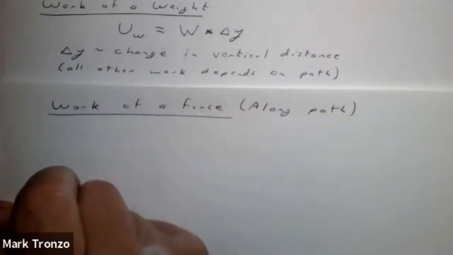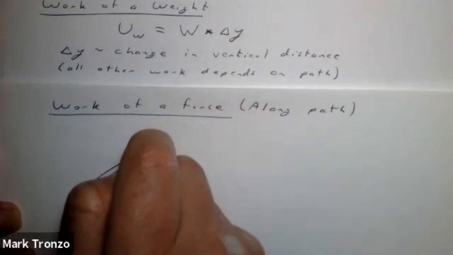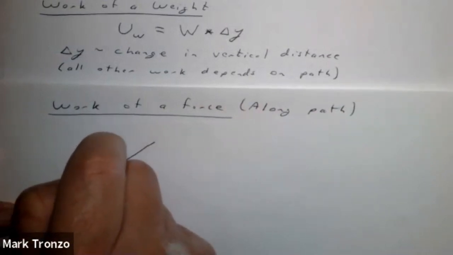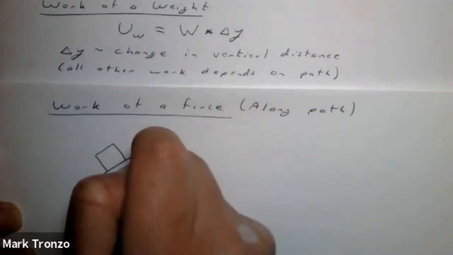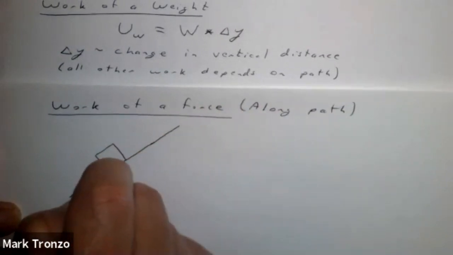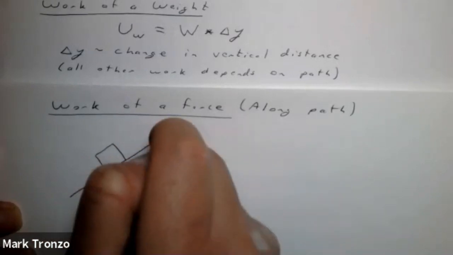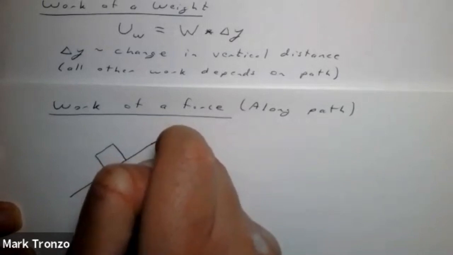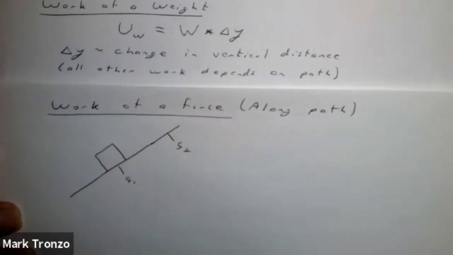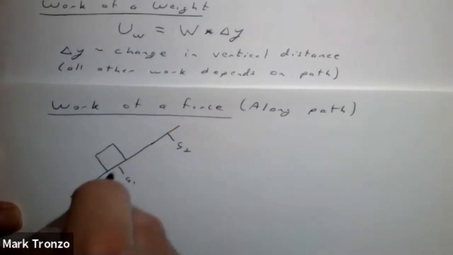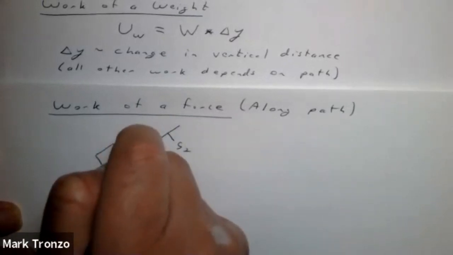So let's say, for example, you had a block of some kind, and you were starting at position S1 and going to S2, and you had a force pulling it this way.